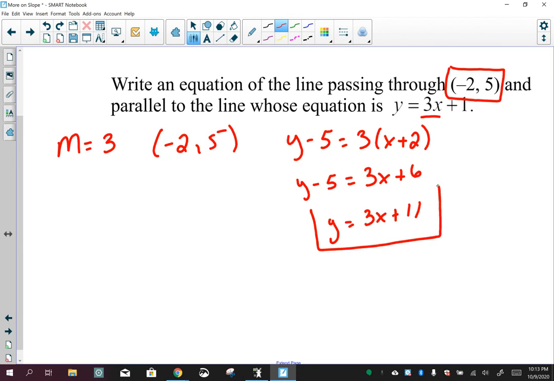This is our line that is parallel to 3x + 1, and this line specifically goes through the point (-2, 5). So take the slope that they give you and the point that they give you, put it in point-slope form, and go through the steps to get the equivalent equation that they're looking for.